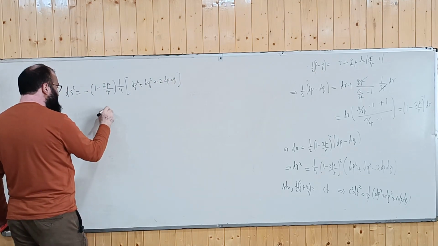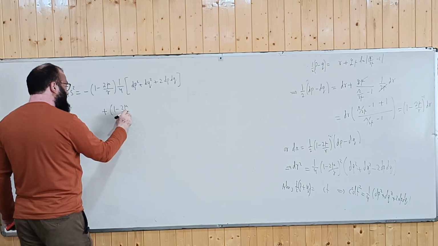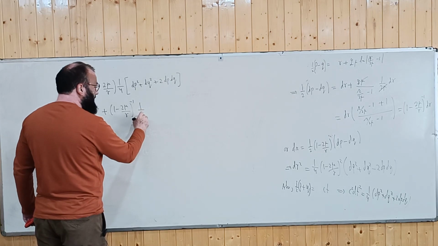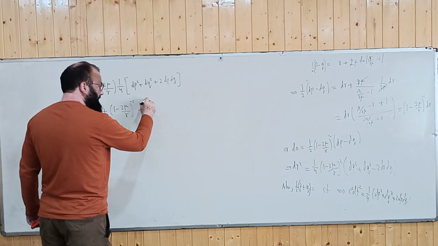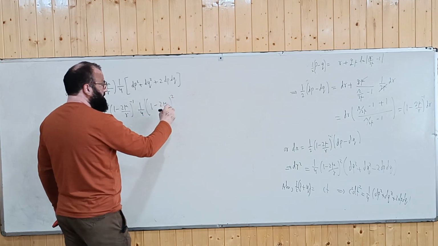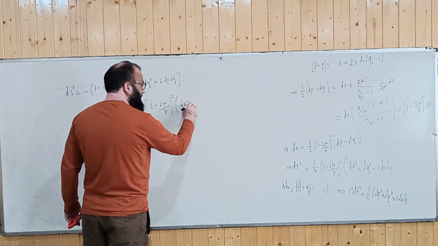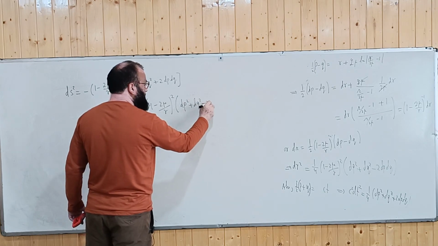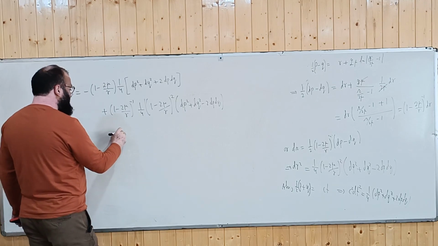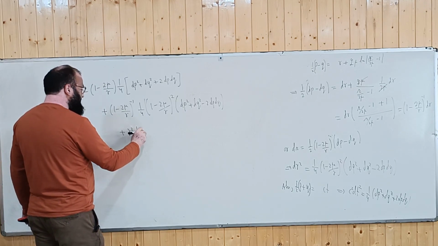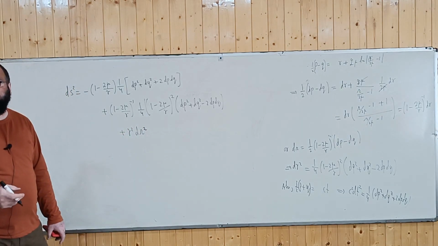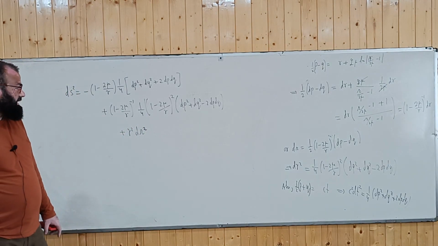Then plus 1 minus twice mu by r raised to power minus 1 dr square. What is dr square? 1 by 4 into 1 minus twice mu by r whole square, times dp square plus dq square minus twice dp dq. Then plus r square d omega square, because theta and phi do not change under these; it is simply the radial coordinates we are looking at.